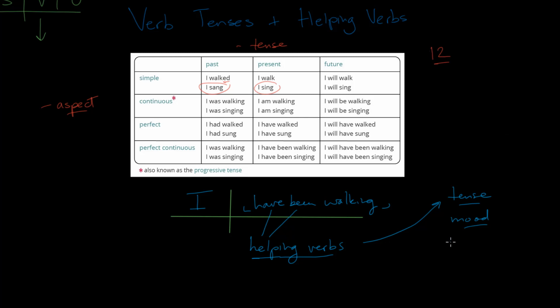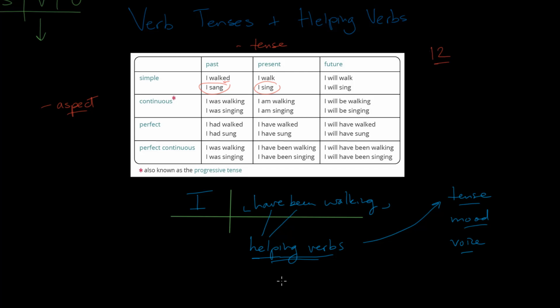Then we can talk about the voice of the verb. Is the verb active or is it passive? Is the action happening to the subject or is the subject doing the action? So helping verbs are really important, and it's good to know what to look for so that you can put the entire verb phrase on one line.